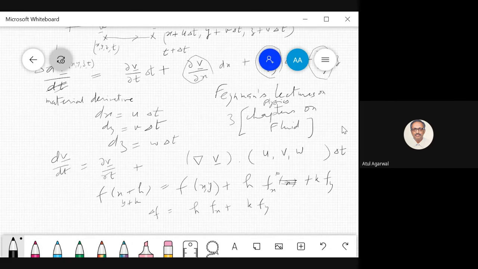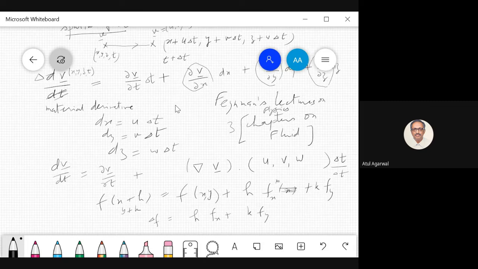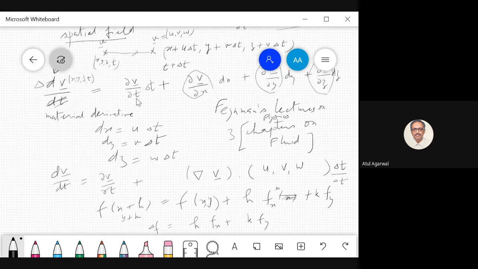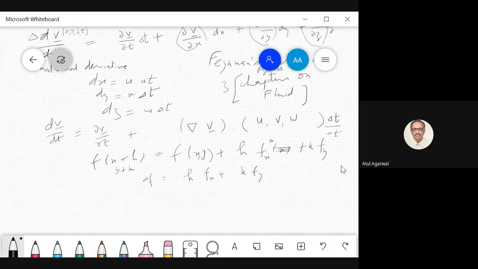So you divide by delta t on both sides. So this is what you will get. I just multiply by delta t. So delta t here it will go away. Here this delta t will be knocked out. You just look at it yourself.